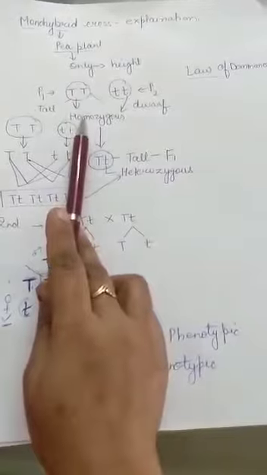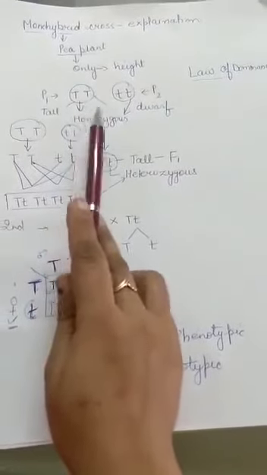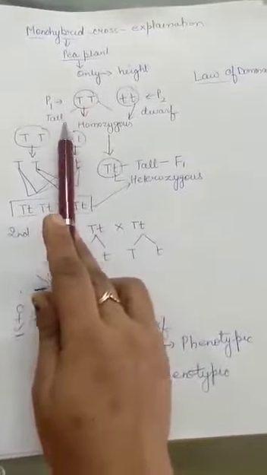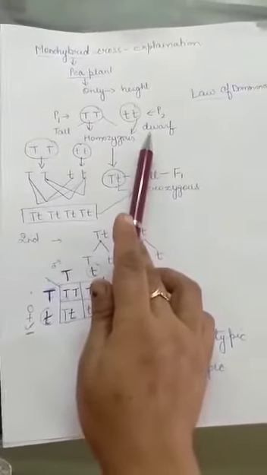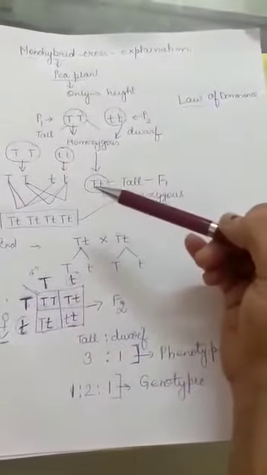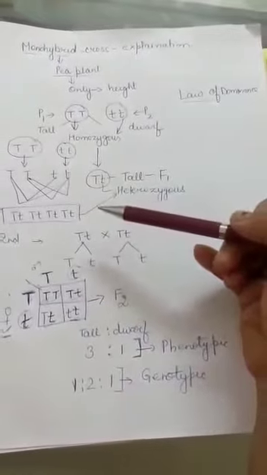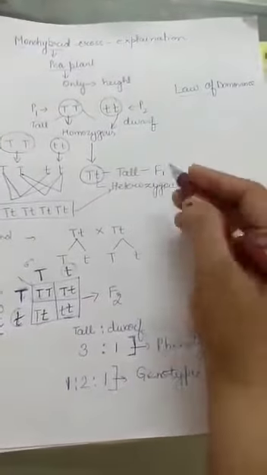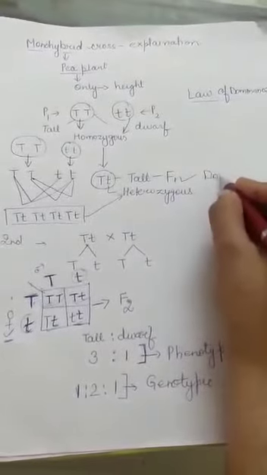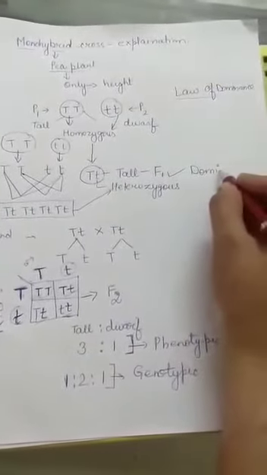The inheritance of one character was studied, but that one character had 2 forms. One was tallness, the other was dwarfness. So after performing the experiment, he concluded that the feature or the character that appears in the F1 generation will always be referred to as dominant gene.